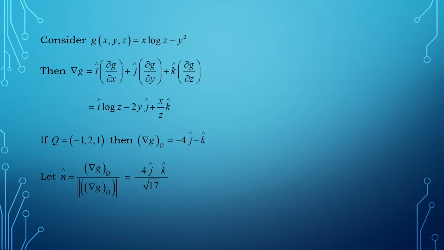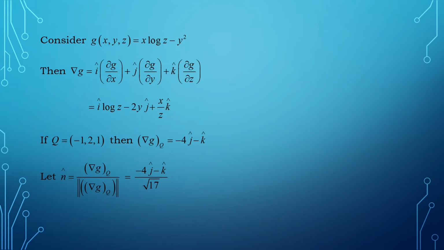For that, we need to find a normal to another surface g of x, y, z at another point, say Q. Consider that the second surface g of x, y, z equals x log z minus y squared. Let that second point be Q equals (-1, 2, 1).